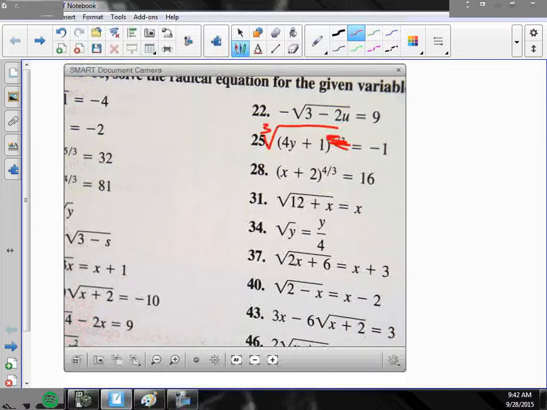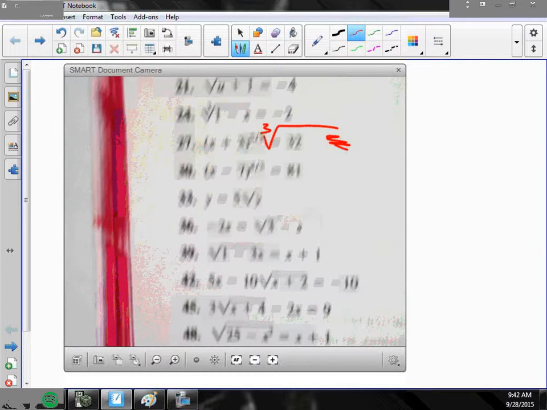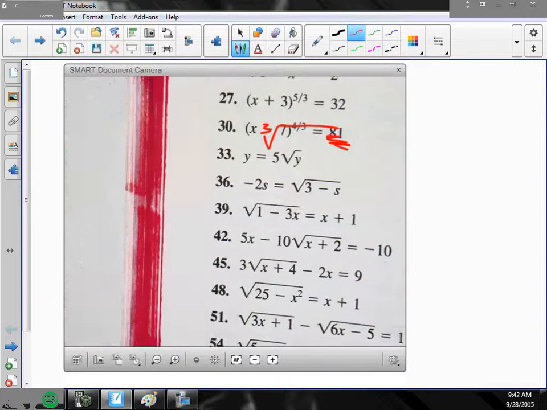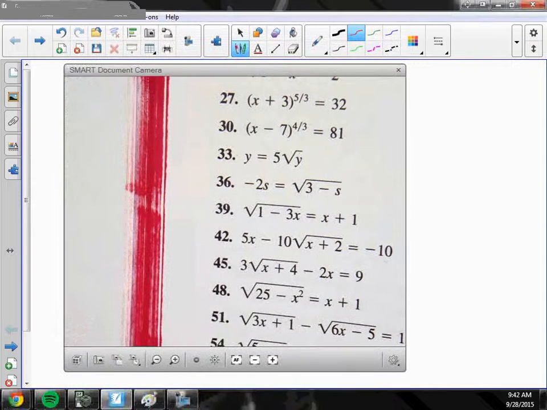Look at number 27. What is going on with 27? What is the 5/3 power? Well, what if it said the 1/3 power? What would that be? The cubed root. What if it just said to the fifth? It would be just to the fifth.